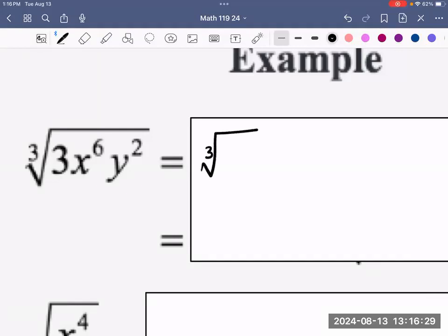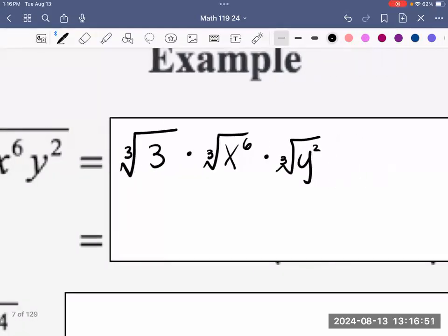So you have the cubed root of 3, so you want to separate that coefficient from the variable, times the cubed root of x to the 6 times the cubed root of y squared. Then we're going to be looking at them separately.